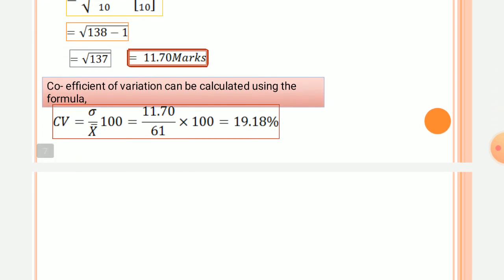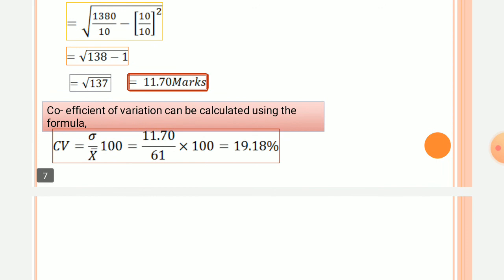And coefficient of variation can be calculated as CV is equal to sigma by mean into 100, is equal to 11.70 by 61 into 100, is equal to 19.18%. This is the value of CV. CV is equal to sigma, meaning standard deviation, by arithmetic mean into 100.